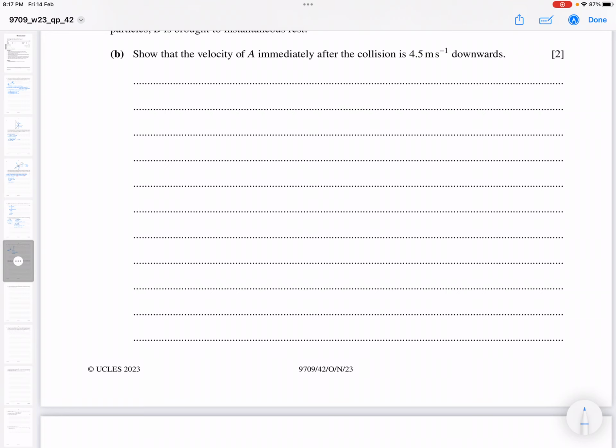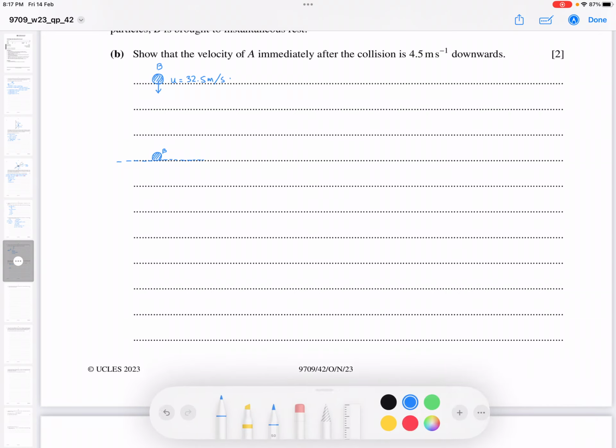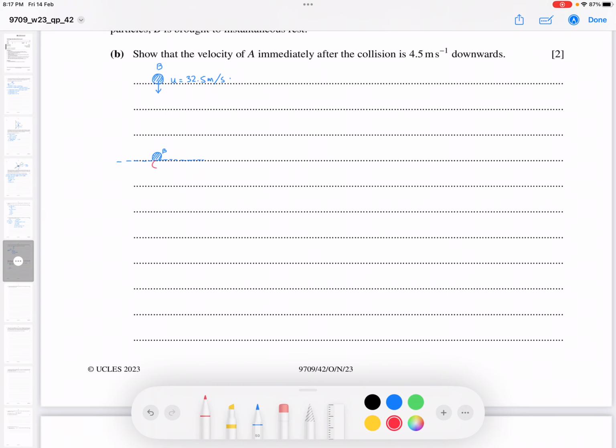So suppose here is your B going downward, and its initial velocity is given as 32.5 meter per second. When it reaches here, it collides with the particle A which is coming up. Let me show it with a different color.